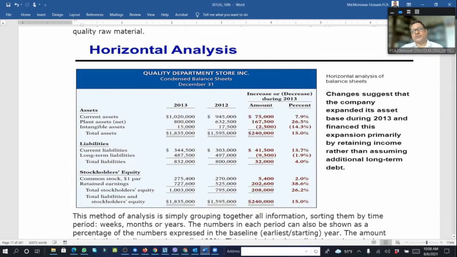So what would be the decision making purpose? Look here, saying that current asset increased 7.9%. So what will we see based on that data? For management purposes, they will think that our current asset increased, which means that we are unable to manage the current asset.